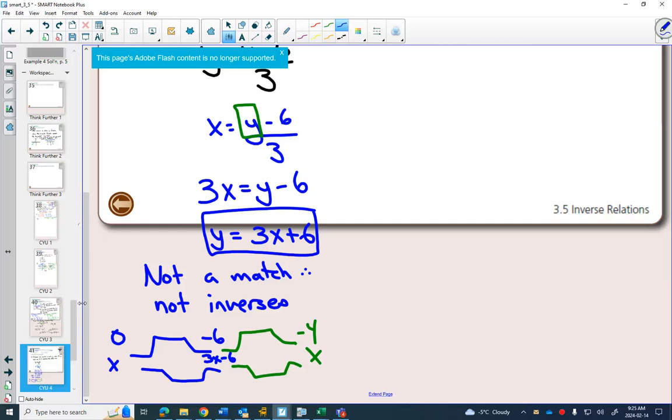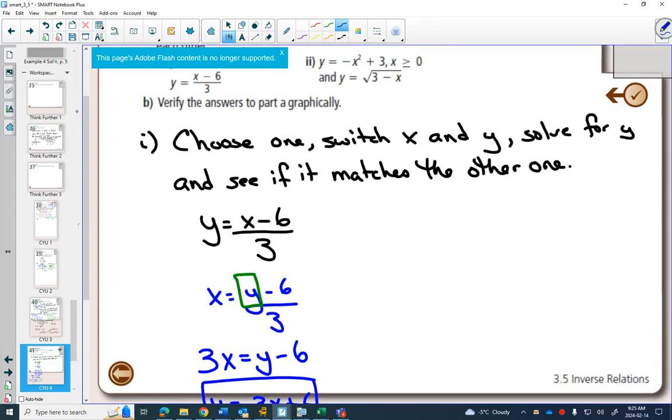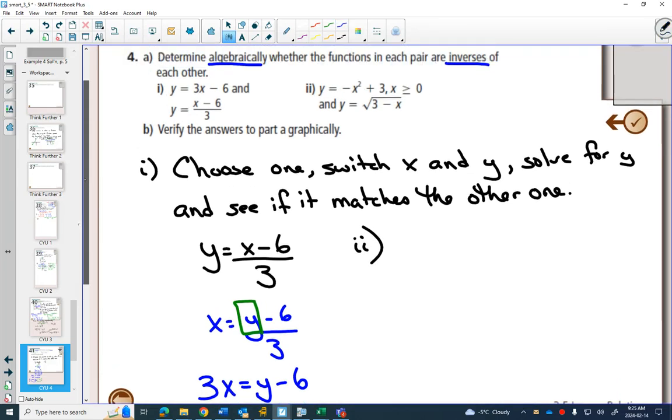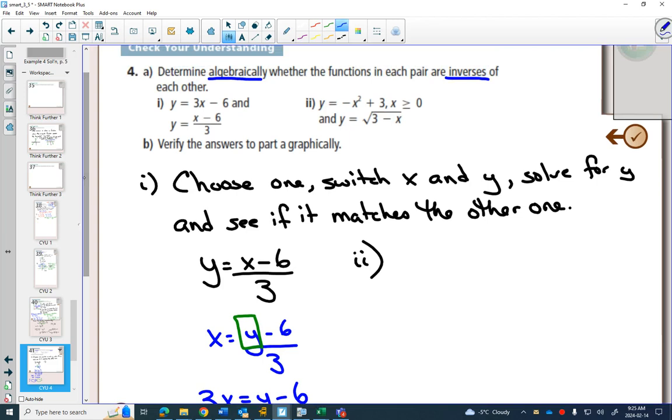Okay. Slide it up. And we'll do the second one. The second one has a domain restriction.